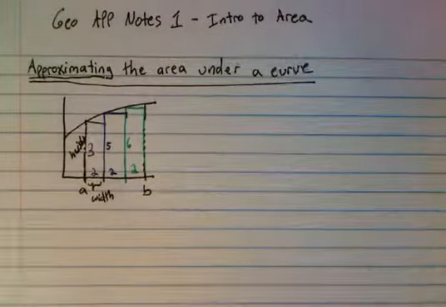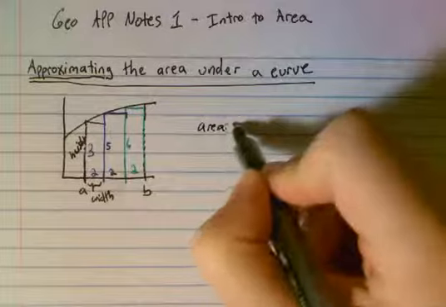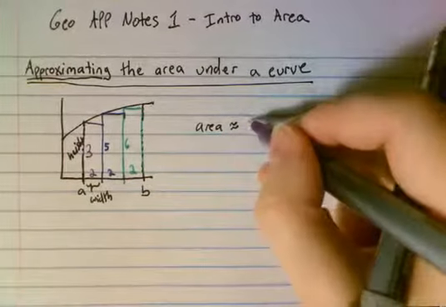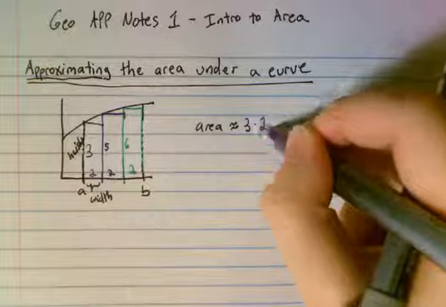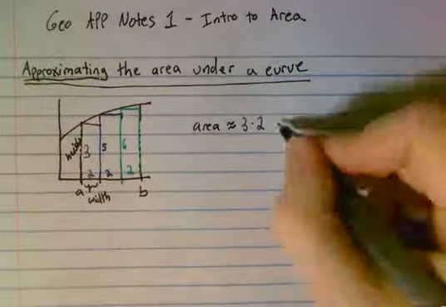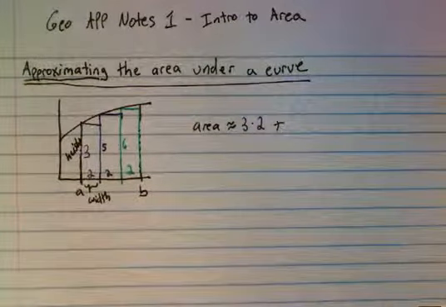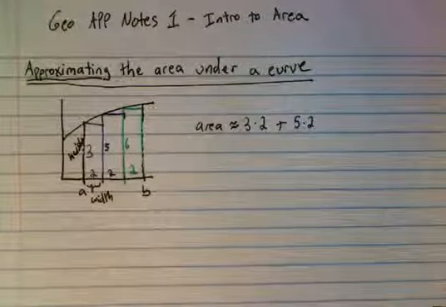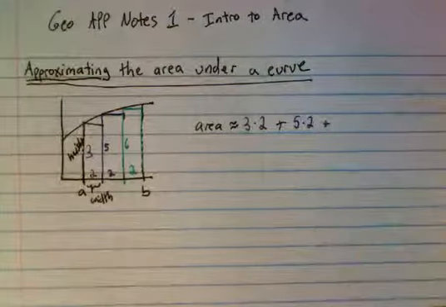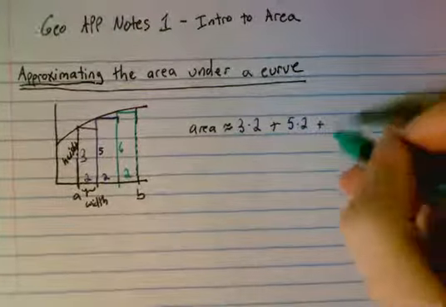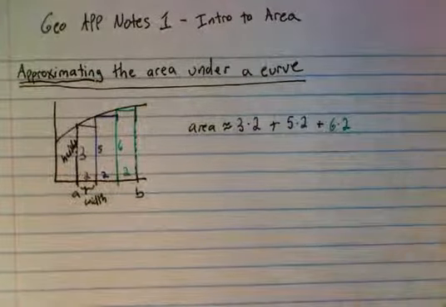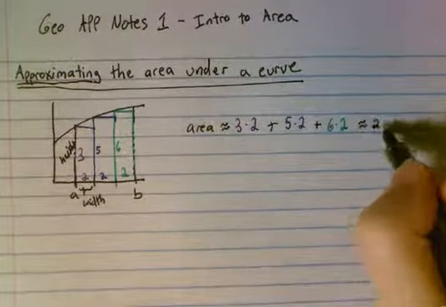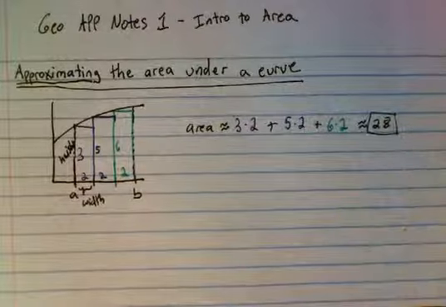So in this example that we have right here, the area is going to approximately equal the height times the width of this purple rectangle plus the height times the width of the blue rectangle plus the height times the width of the green rectangle, or approximately 28.